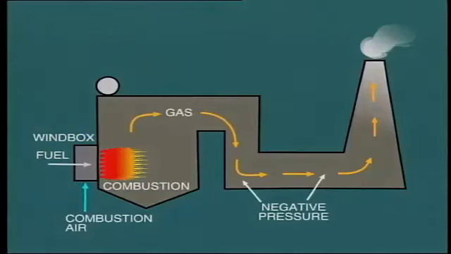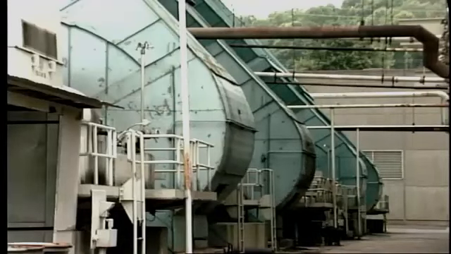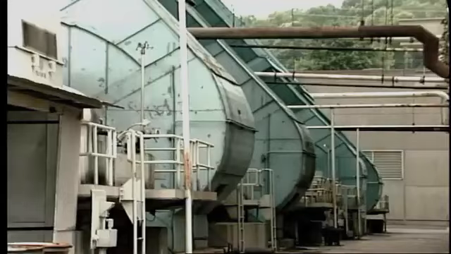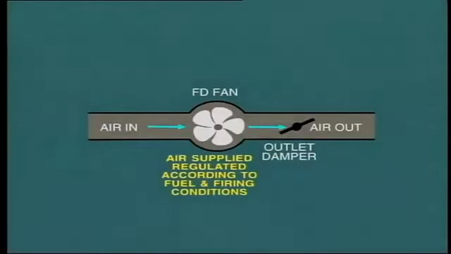and connected furnace. On all medium and large size boilers, combustion air is provided by a large fan known as a forced draft or FD fan. On many installations, 2 FD fans are installed. The total quantity of air supplied must be regulated according to the amount of fuel being supplied and the actual firing conditions.